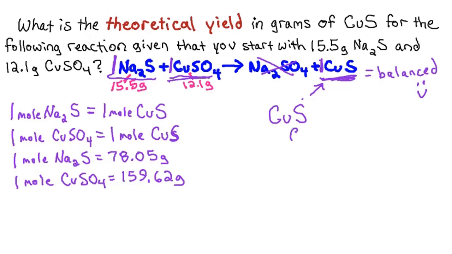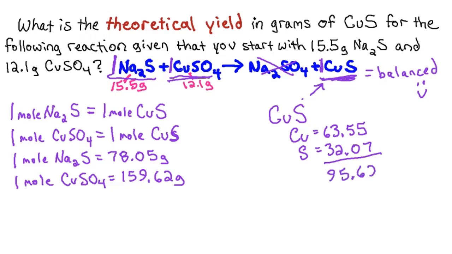So copper is 63.55 and sulfur 32.07. So if you add those together, that's going to give you 95.62 grams per mole.